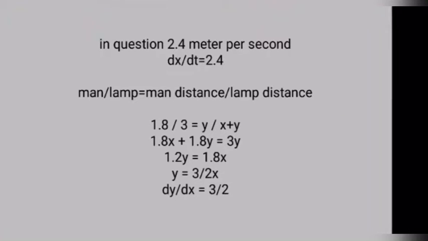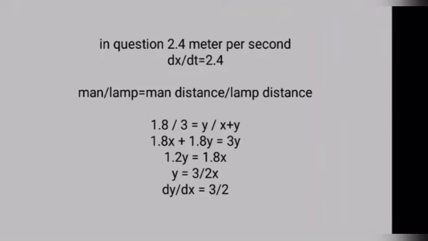So the first step is to bring x and y to the left side and the other term to the right side, so there will be multiplication. So 1.8x plus 1.8y equals 3y when the multiplication is done.